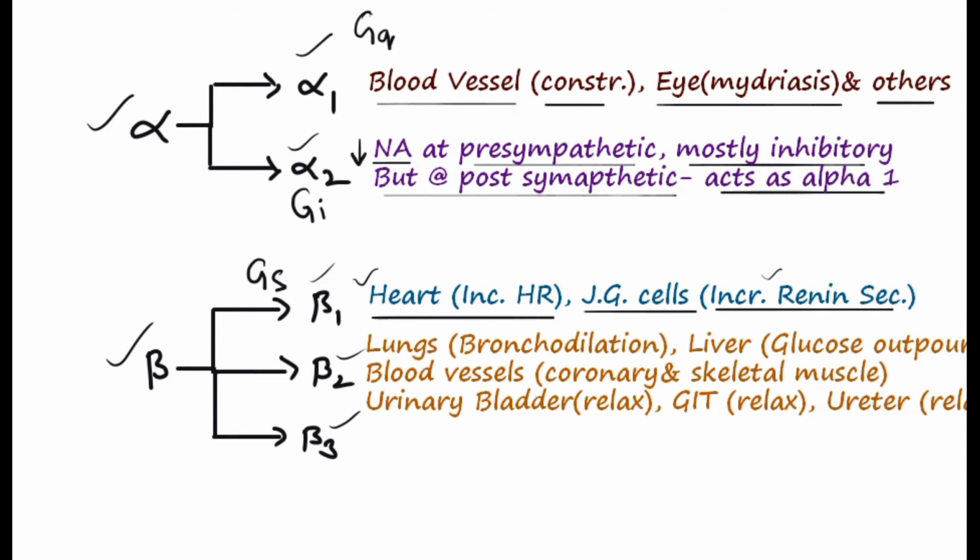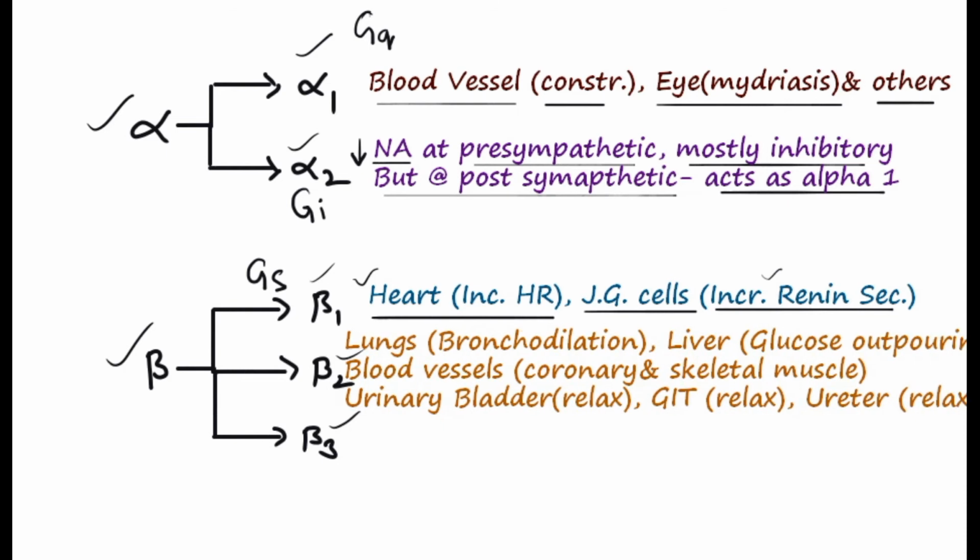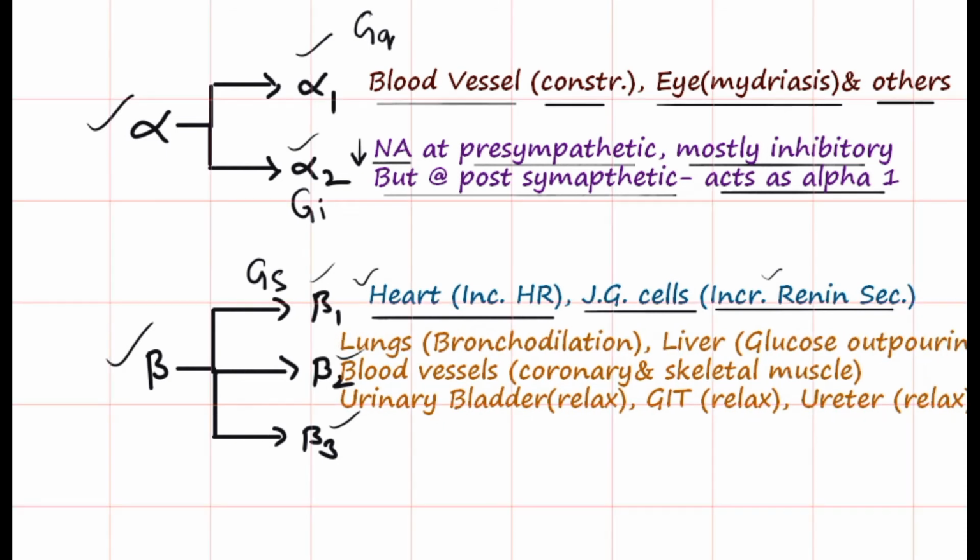And coming to the beta 2 receptors, these are present in the lungs and facilitate bronchodilation during the fight or flight reaction. In the liver, they help the glucose outpouring via various reactions, mainly catabolism of glucose, and facilitate glucose availability for emergency situations.